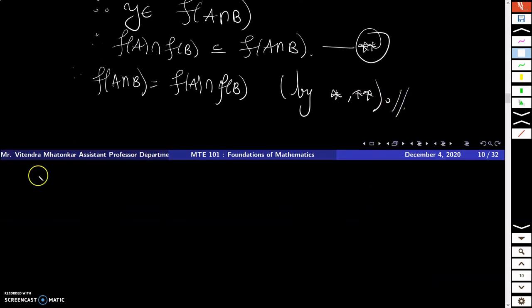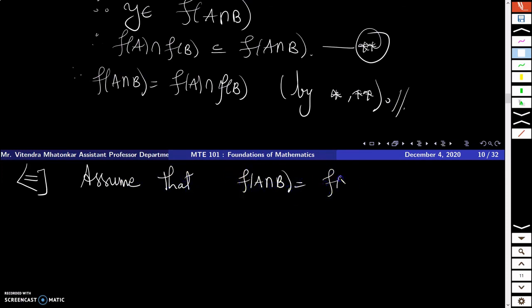Now to prove the converse, assume that f of A intersection B is equal to f of A intersection f of B, and our claim is that f is 1 1 map.